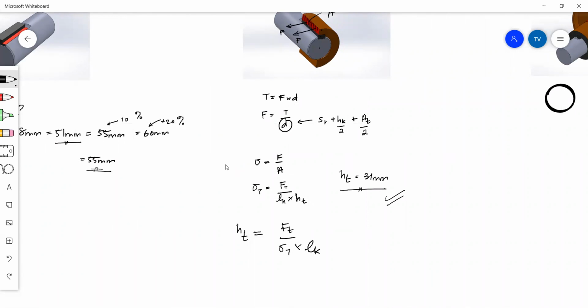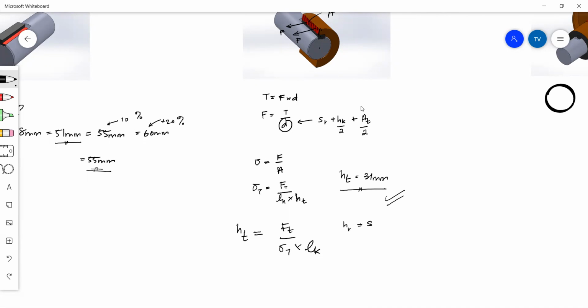Now remember, this hub thickness is not your hub diameter. Your hub thickness is just this bit. Let's talk about hub radius before we do hub diameter.